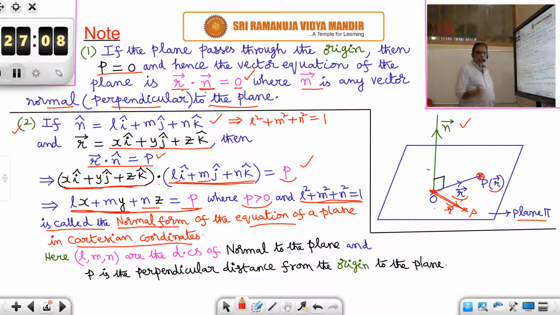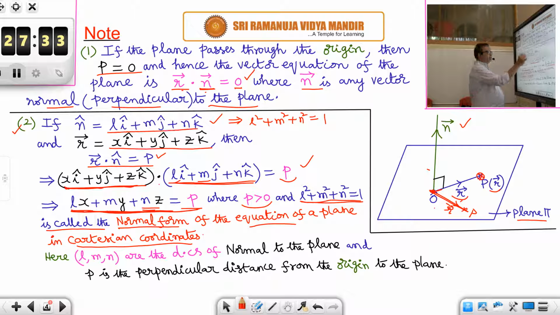It is a unit vector normal to the plane, from the origin towards the plane. Is it not? So always in the equation of the plane, the x coefficient, y coefficient and z coefficient represent a unit vector perpendicular from the origin towards the plane.